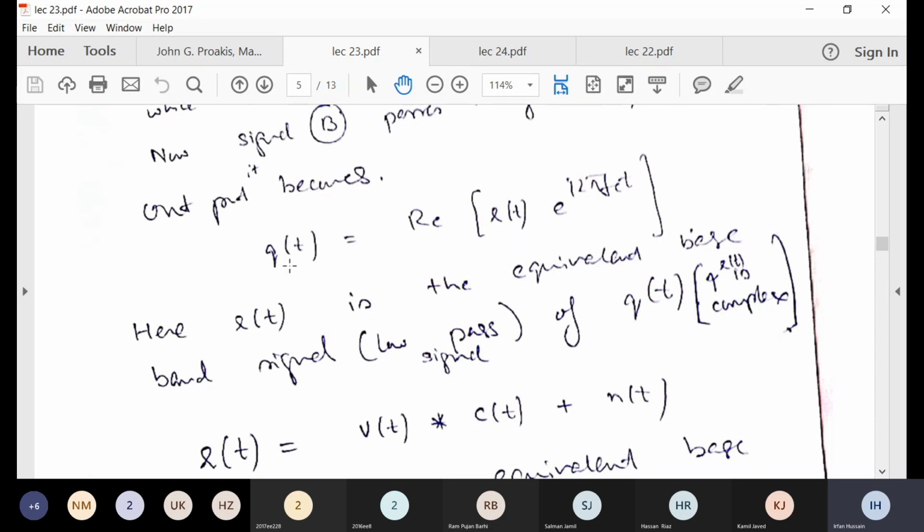That output is Q(t), but you can write your Q(t) as equivalent baseband, ठीक है, times the higher frequency real part. जैसे आपने उधर लिखा ना, उधर भी तो आपने यही किया था.